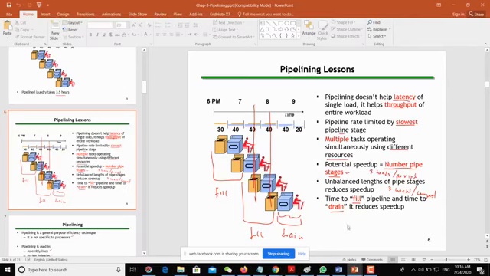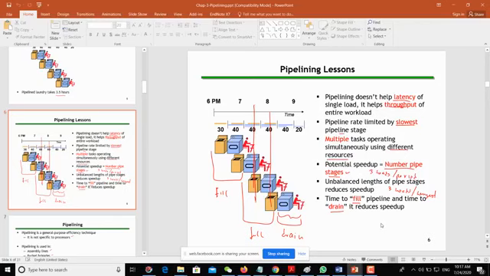If you have more pipe stages, it will take longer. Then unbalanced length of pipe stages reduces speed up. Yes, if the length of pipe stages is unbalanced, it will reduce your speed. But if the length of pipe stages is balanced, it will not reduce the speed. It will be quicker and faster.